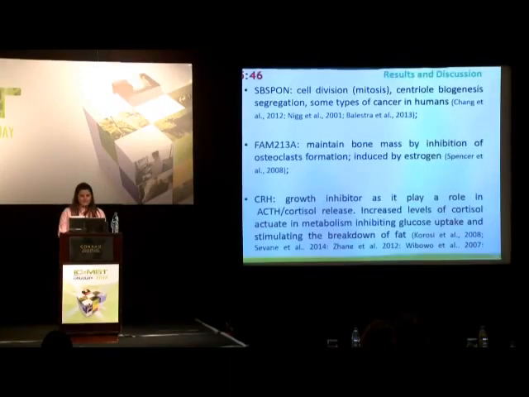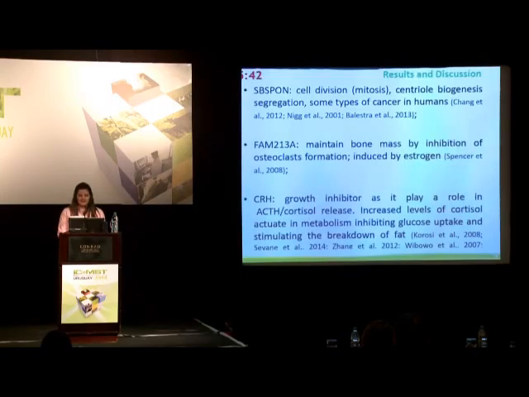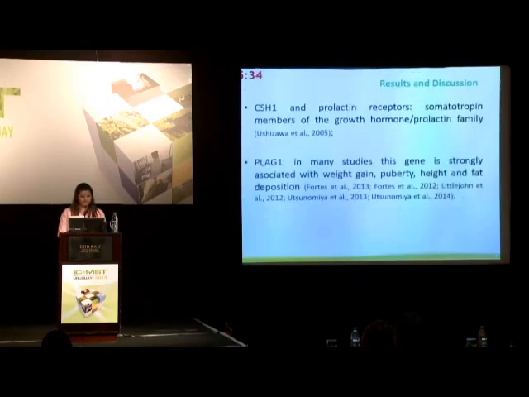CRH is a growth inhibitor as it plays a role in ACTH and cortisol release; increased levels of cortisol act in metabolism, inhibiting glucose uptake and stimulating the breakdown of fat. CSH1 and prolactin receptors are somatotropin members of the growth hormone prolactin family. Prolactin can activate or inactivate growth hormone binding to its receptor sites.